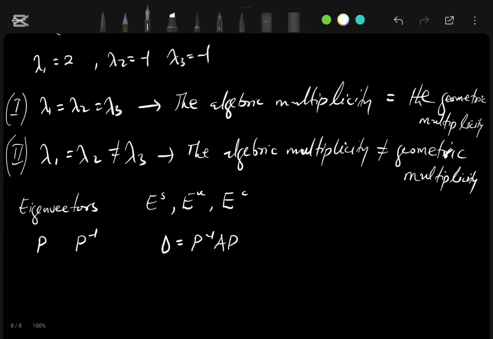In this case, since we have some or all of the eigenvalues being equal, we have to take a step further. So instead of determining this expression, we will rather determine P inverse SP.